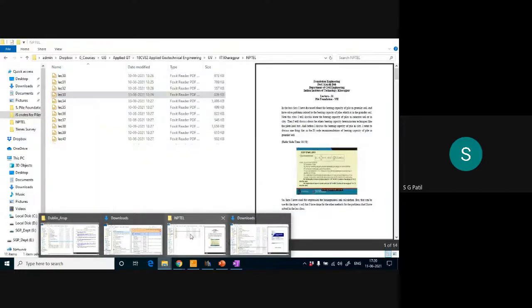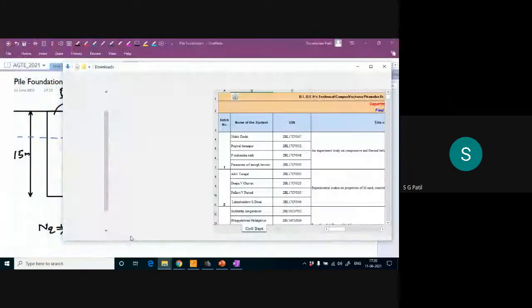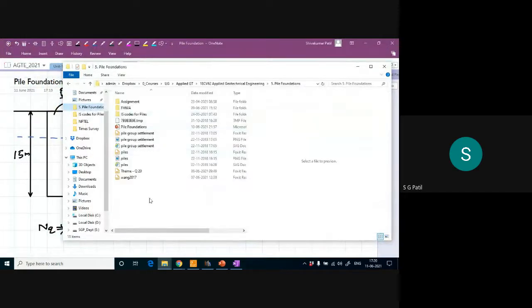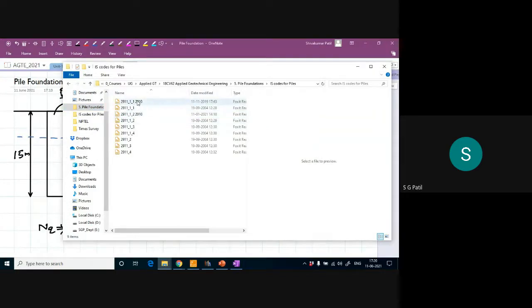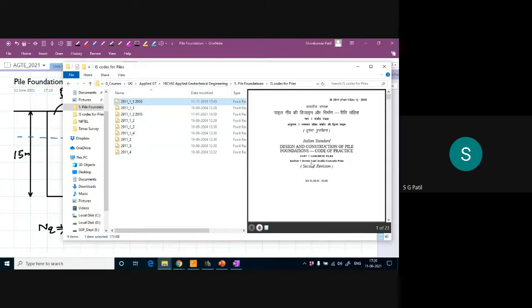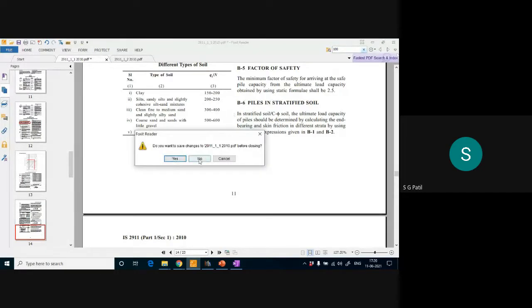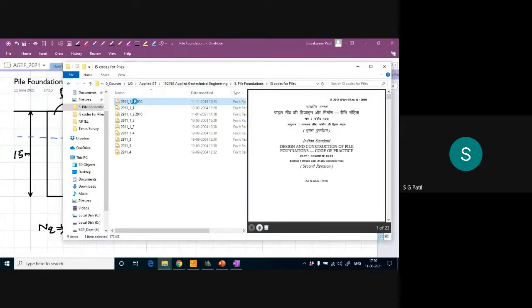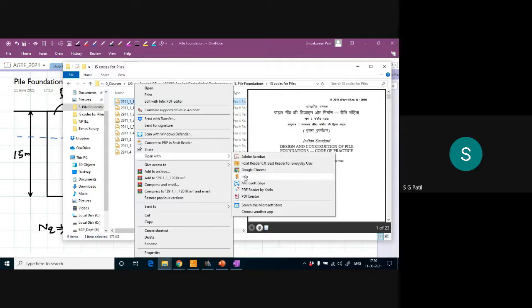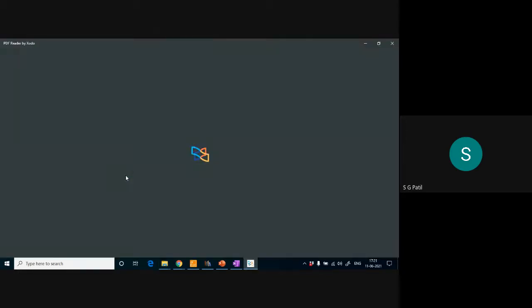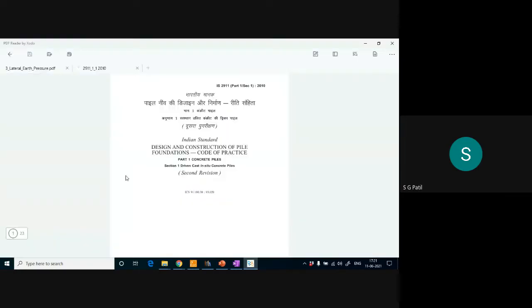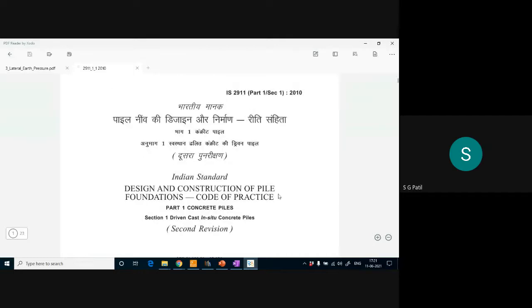Okay, this is the driven. See, IS 2911 Part 1, Section 1, revised in 2010.